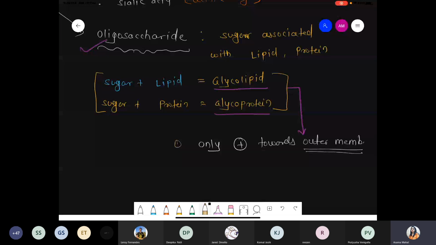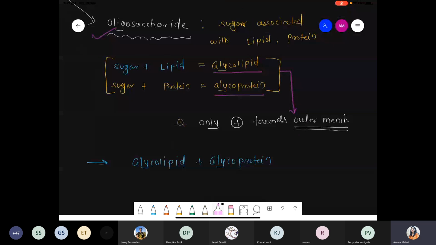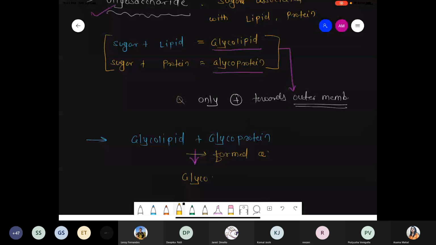So we are talking about the next condition. When we talk about the glycolipid plus the glycoprotein, further they form a glycocalyx.